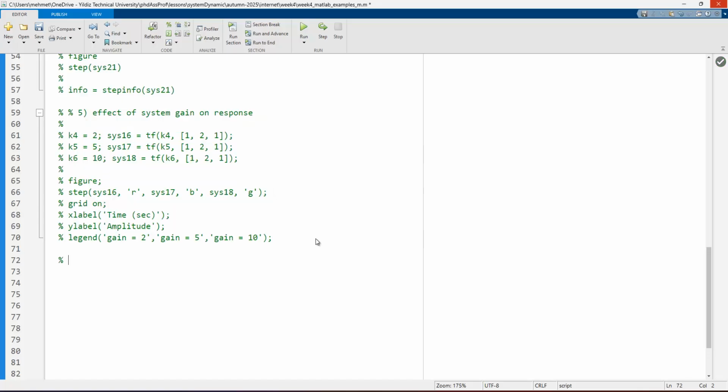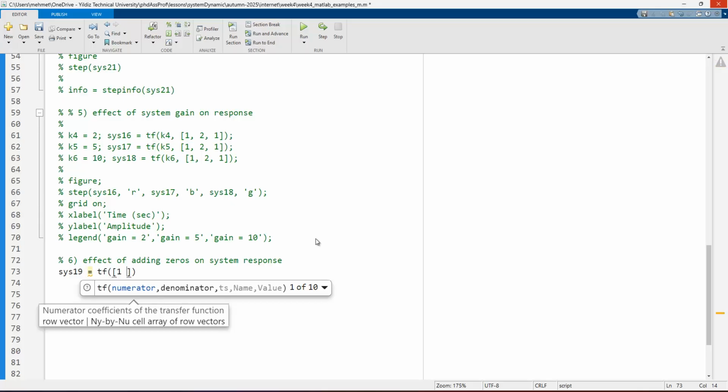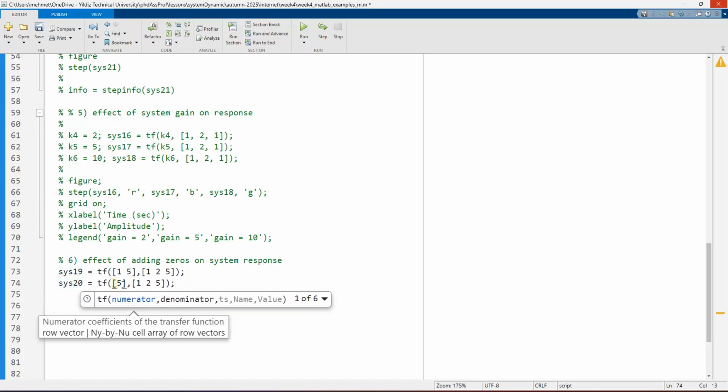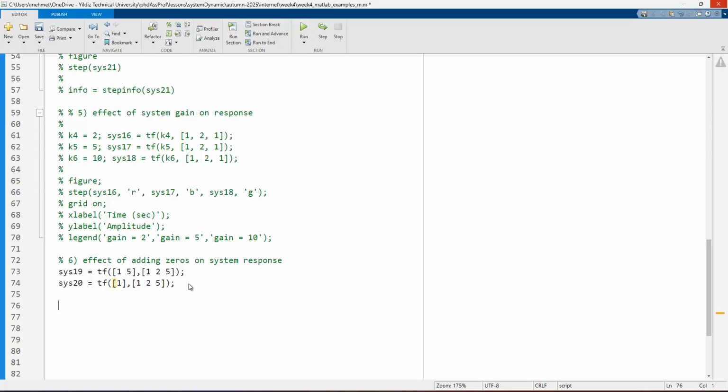What about the 6, the effect of adding zeros on system response? For example, sys 19, the TF is assigned 1 5, this is equal to s plus 5 divided by 1 2 5, s square plus 2s plus 5. Okay, and also this is equal to the 20, and we don't have, for example, any zeros in here, just like this one.